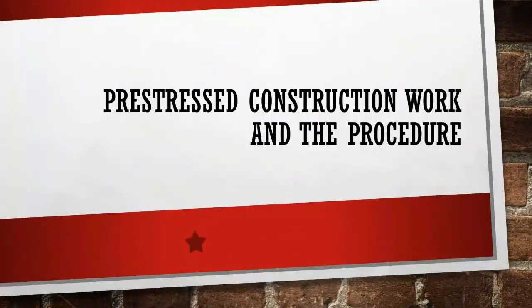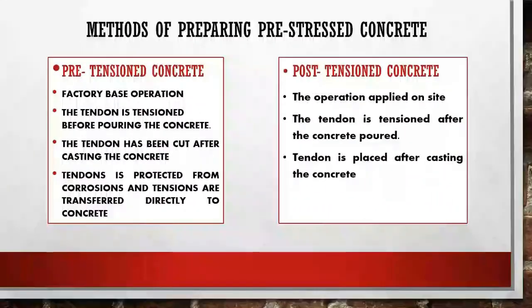Okay, next we go to the pre-stress construction work and the procedure. As we know, there are two methods of preparing pre-stressed concrete, which is the first one is pre-tension concrete and the second one is post-tension concrete. For the pre-tension concrete, the operation is applied at a factory, the tendon is tensioned before pouring the concrete.